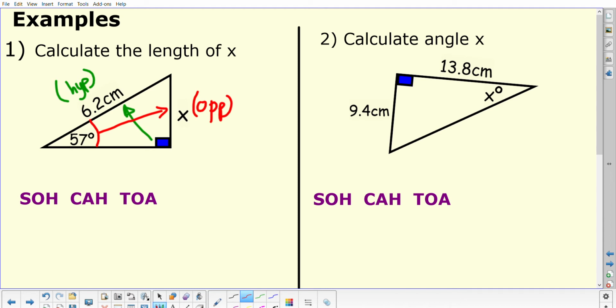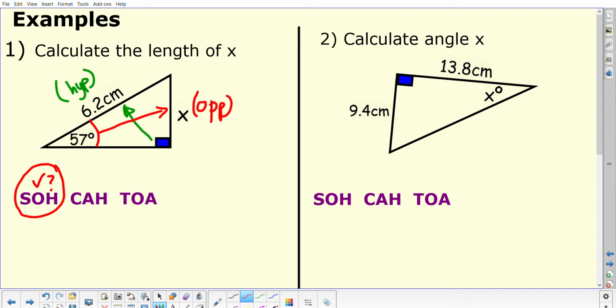So if I'm looking at my ratios, I'm going to look for the ratio that links the opposite and the hypotenuse, so that would be this one here. The hypotenuse we don't know, but that's what we're trying to work out. So that's the one we're going to be using.